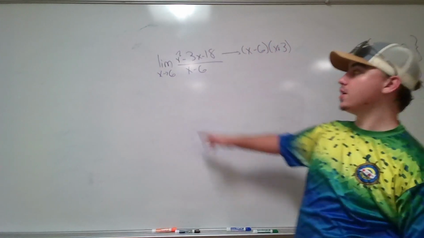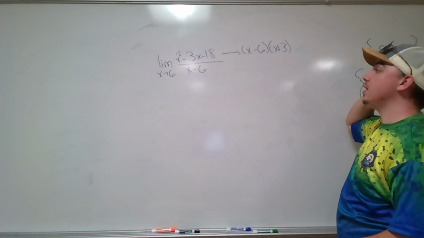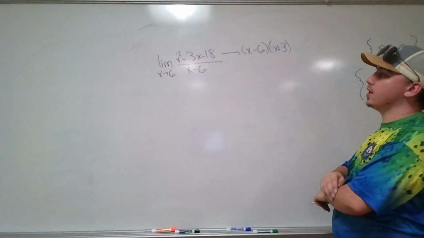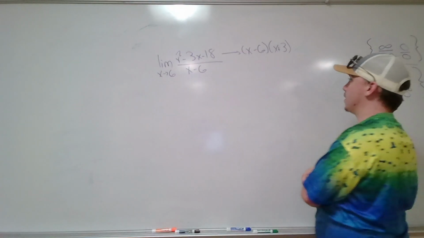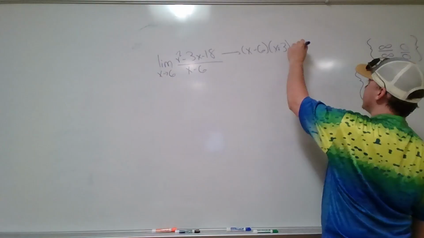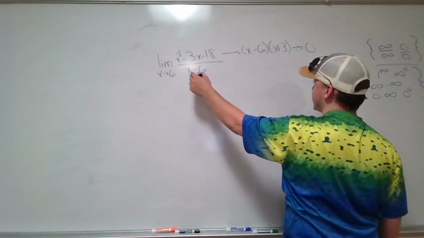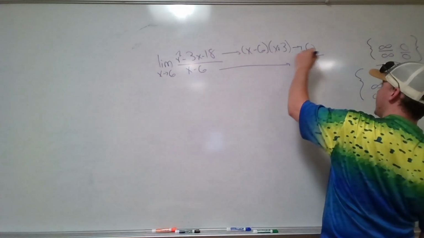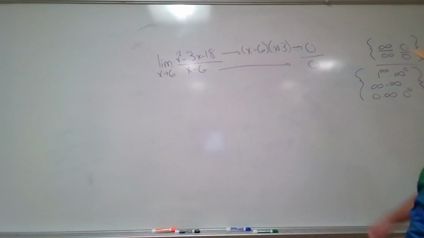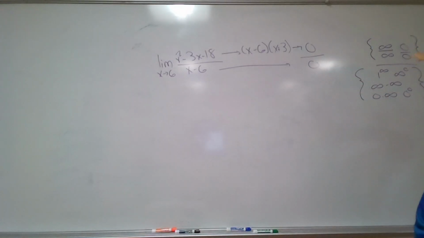We can see that if we plug 6 in here, it's going to approach 0, as we get closer and closer to 6. Same for the denominator: plug in 6 for x, 6 minus 6 gives me 0. So it is 0 over 0, and this is where the indeterminate form pops out. These are the limits of the top and bottom.